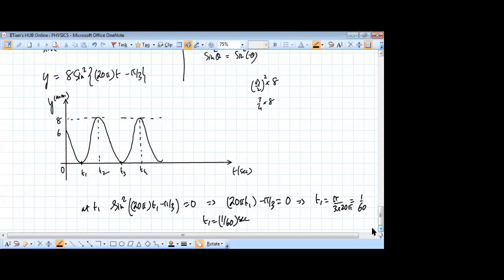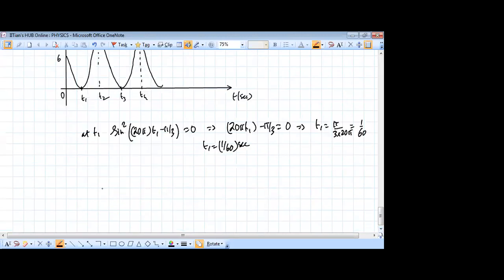Now similarly at T2 you can see sine square (20 pi T2 minus pi by 3) is becoming 1 for the first time. That means 20 pi T2 minus pi by 3 is equal to pi by 2 for the first time.